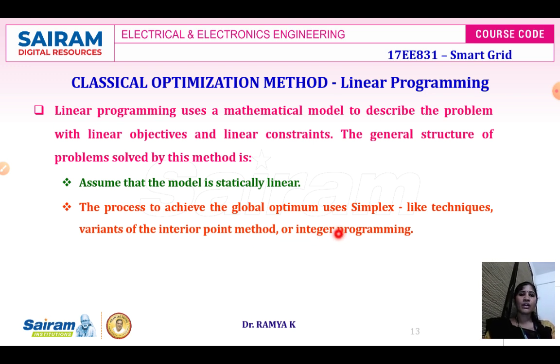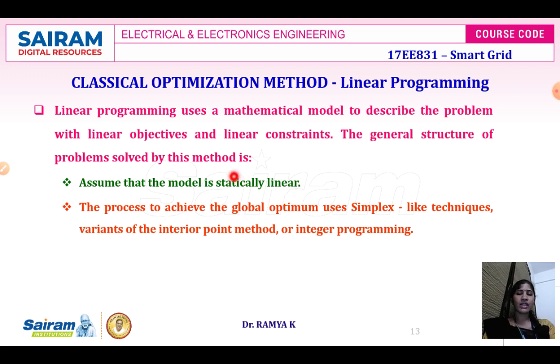In the upcoming session we'll see what is meant by an integer programming model. In this session we are going to see the linear programming model. It uses linear objectives and linear constraints to describe the problem, and we need to assume our model is statistically linear. We have to assume it.